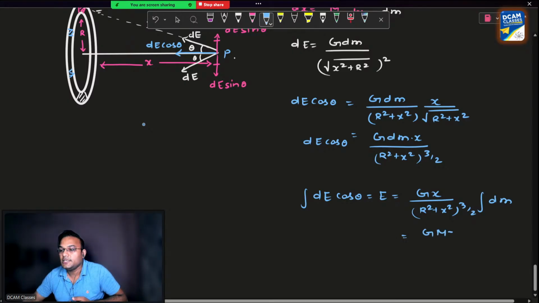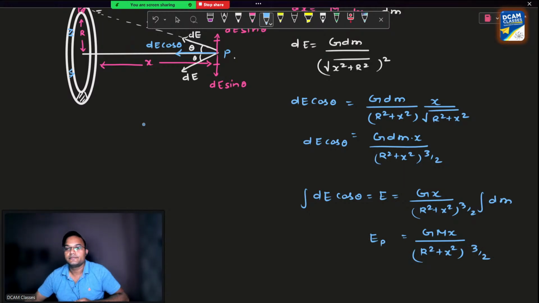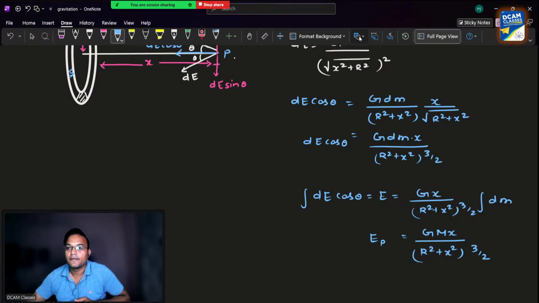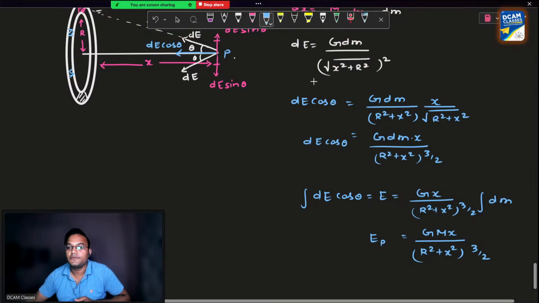So g M x by r square plus x square whole power 3 by 2 is the field at point P, and it is towards the ring. Understood, or is it confusing?